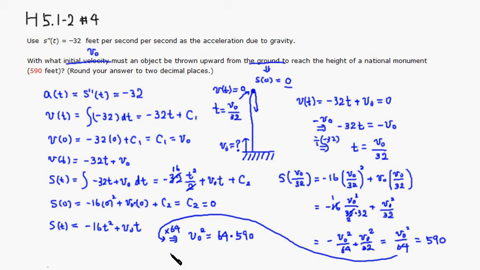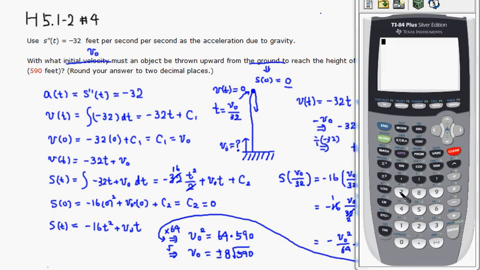Then we take the square root of both sides, so v0 is equal to plus or minus 8 times the square root of 590. The square root of 64 is 8. I can't do the square root of 590 in my head, so I'm going to borrow a calculator.